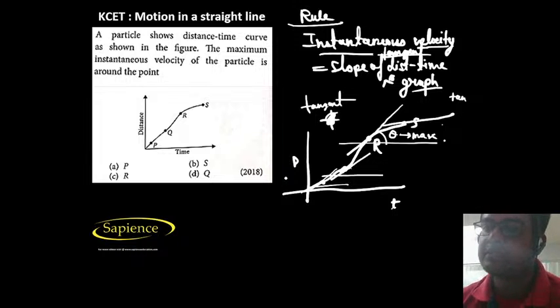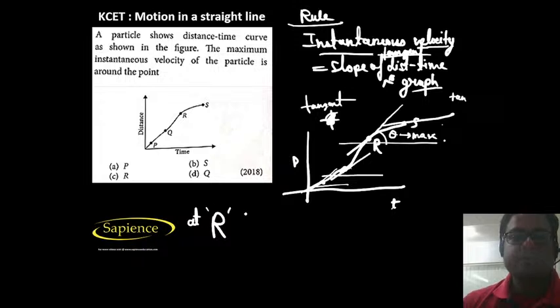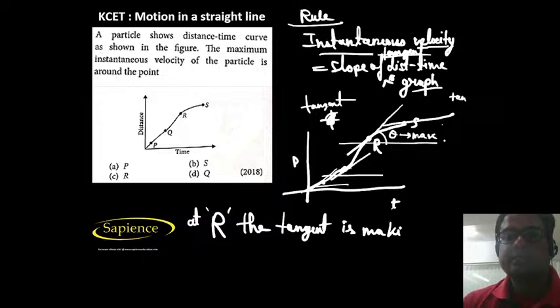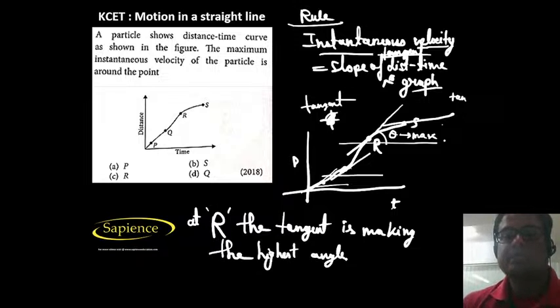at the point R only, the tangent is making the highest angle with the time axis.